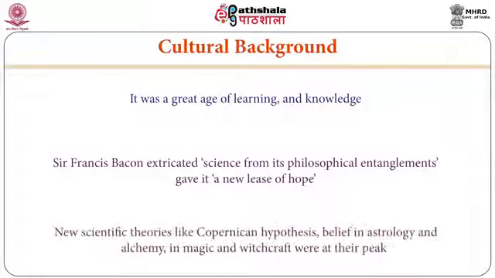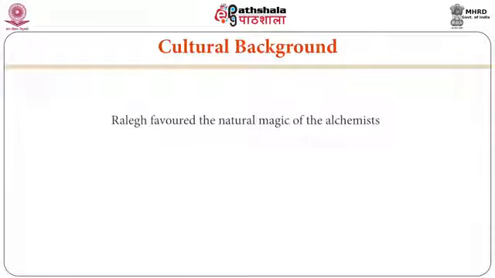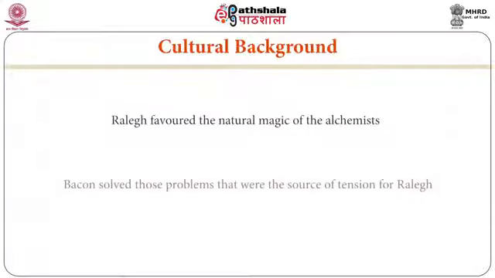New scientific theorists emerged: astrology, alchemy, magic, witchcraft, tradition, reading witchcraft, palmistry were very popular. Raleigh favored the nature of magic to the alchemists. Bacon solved the problems that were the source of tension for Raleigh.